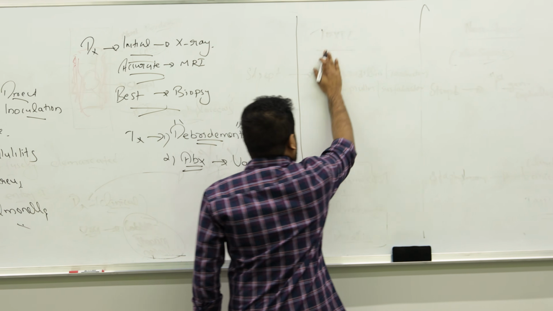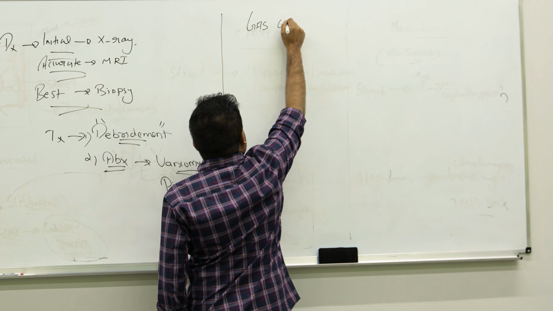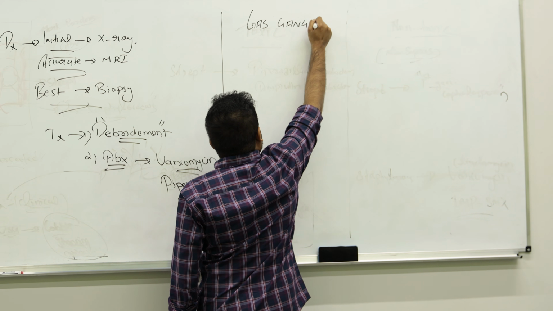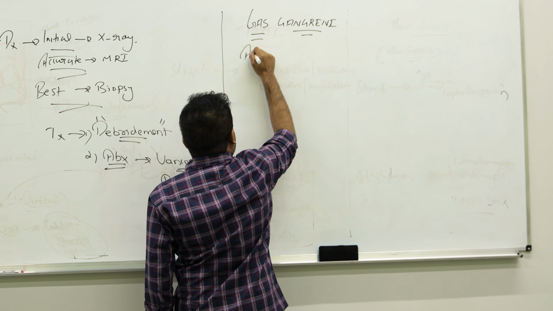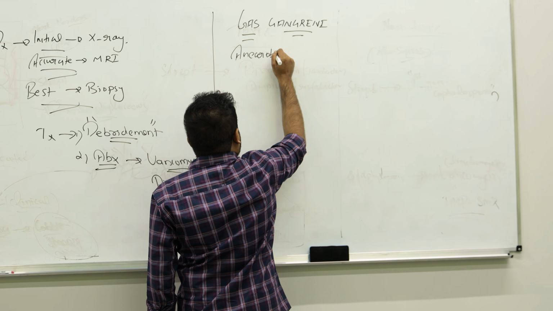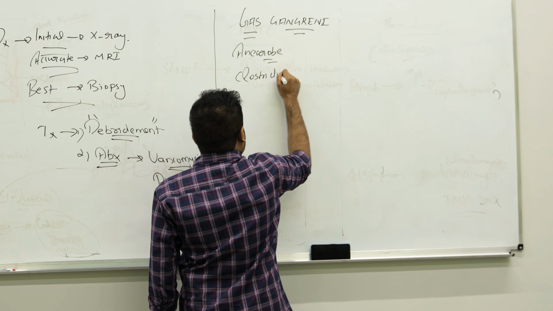Now, in some people, there is something called, you might have heard about, gas gangrene. Gas gangrene is completely caused by an obligate anaerobe, that is called Clostridium perfringens.